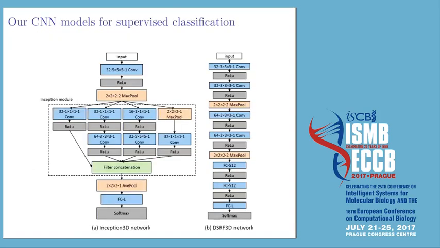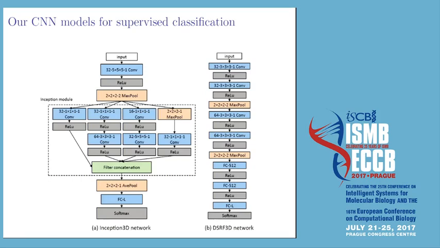These are two network architectures that we have developed, which are adapted from popular architectures used in the computer vision community. Normally they use 2D filters, but in our case, we extend these 2D filters into 3D filters.